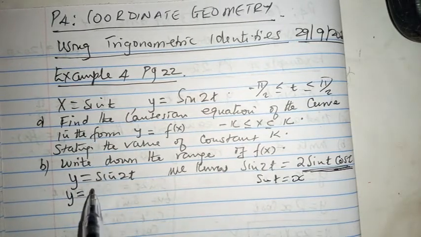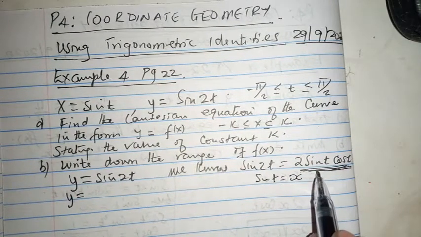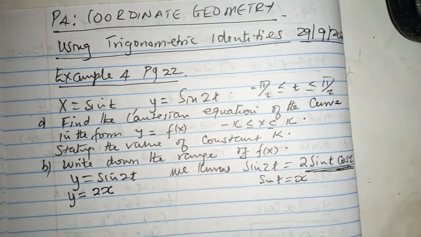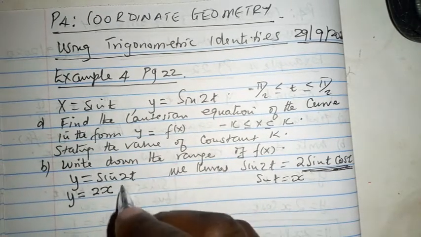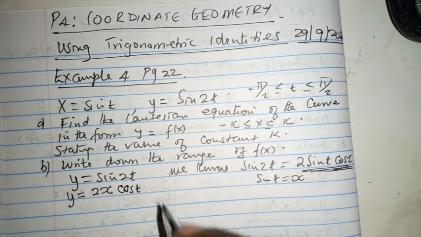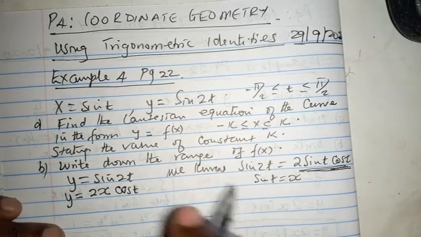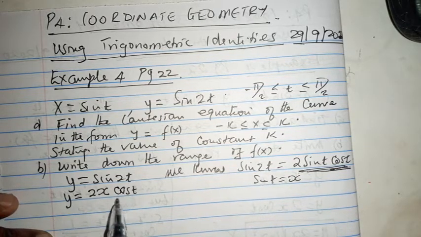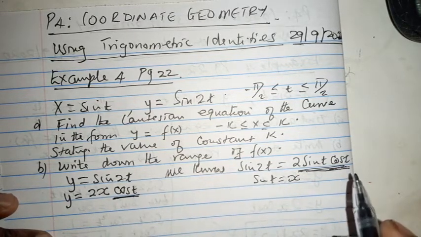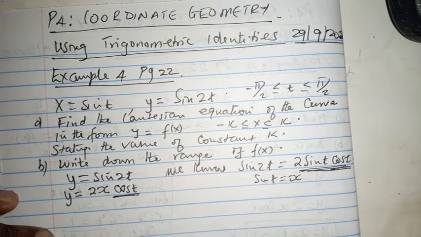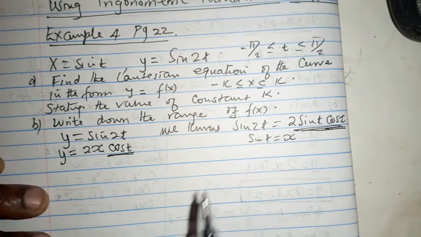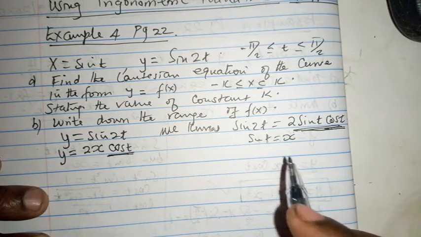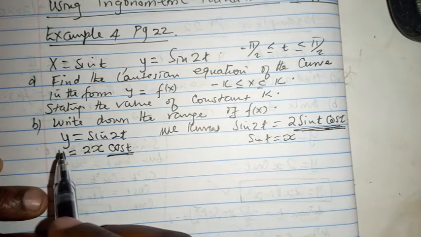So we can substitute, y equals 2 sine t cos t becomes 2x times the cosine of t, because sine t itself is x. Yes, we have been able to eliminate sine t and substitute it with x, and now we are remaining with this part, because the main objective of this approach is to do away with t, the parametric variable, and bring in the xy Cartesian form, so that we are able to express our curve in terms of y equals f(x).